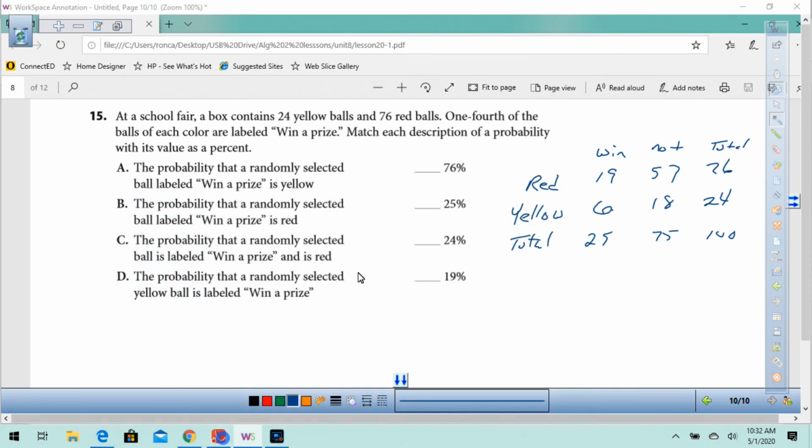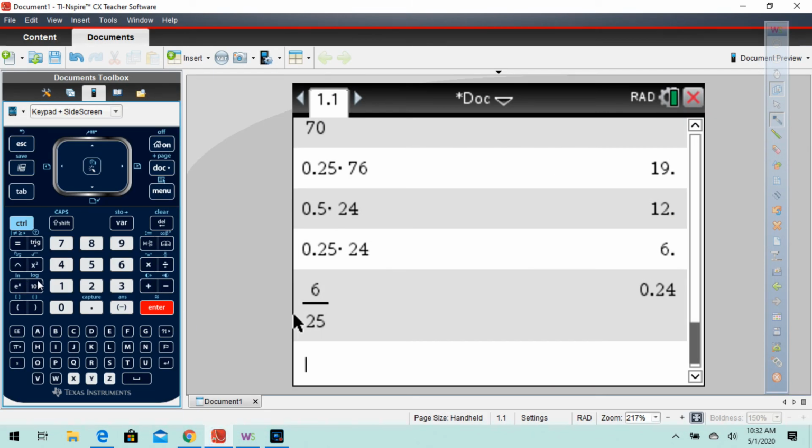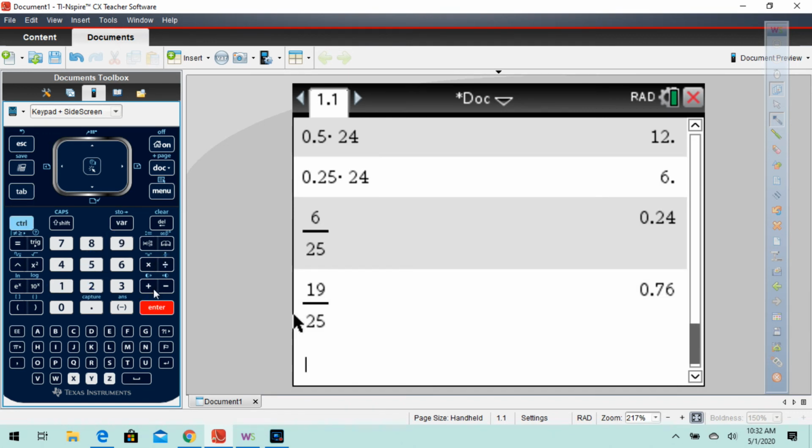That's 0.24. So 0.24, here's A. And then B, the probability that a randomly selected ball labeled win a prize is red. Well, that's going to be 19 divided by 25. And that's 0.76.